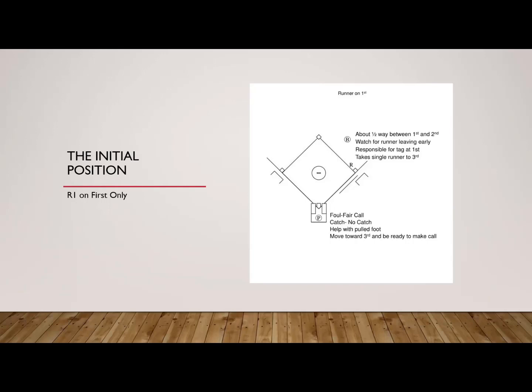And as I said earlier, we still have to be able to rule on illegal pitches. It's a lot harder from there, but it's still our job to know if the pitcher's feet are legal.